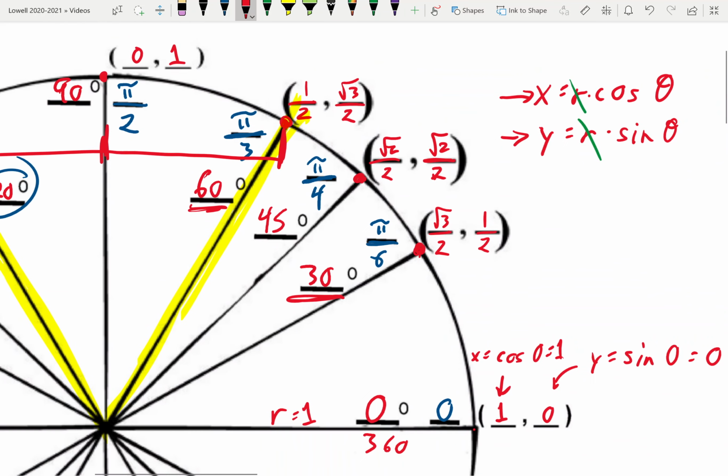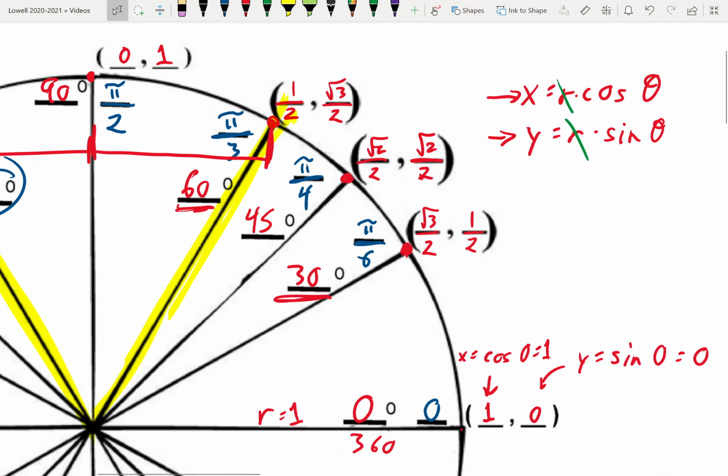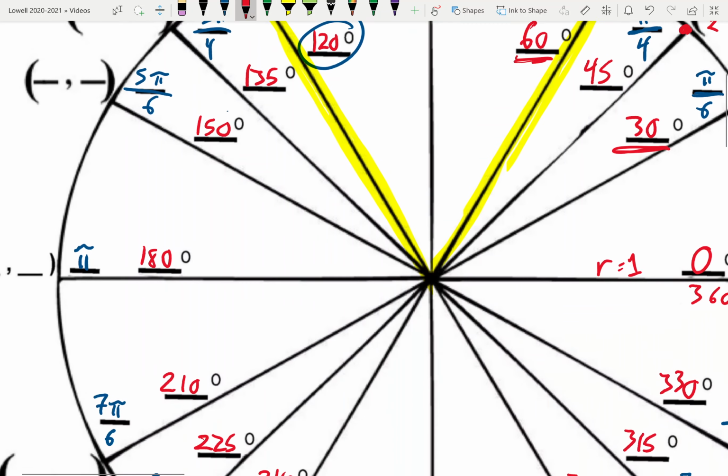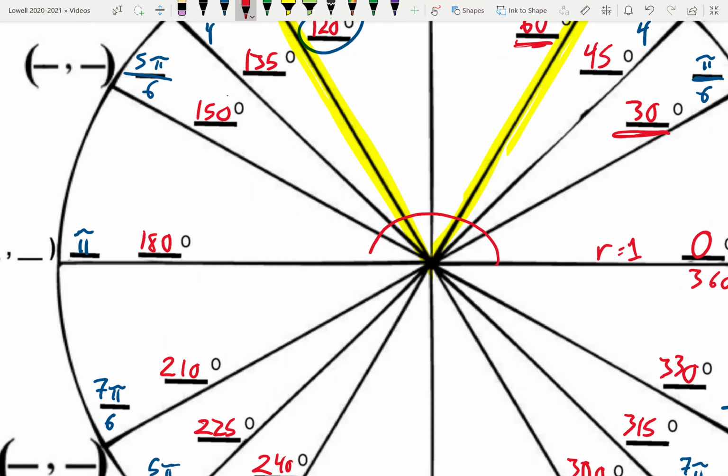And so this is the whole point of the unit circle, is that we can use just what we know about these 5 angles here to evaluate the trig function for any multiple of them, whether it's 120, 135, 150. Heck, it could be like 600 degrees. 600 degrees would be 360 plus 180 would be 540, and then plus 30, plus 45, plus 60.